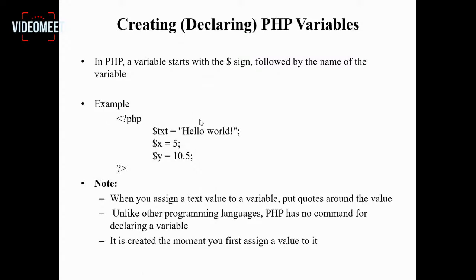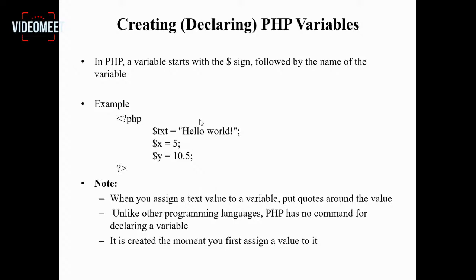JavaScript is an example of a loosely typed programming language. Means what? The data type is not that important. You need not mention the data type of a variable when you declare it, right? But in Java and C, if your variable is storing integer data, you need to declare it as int.